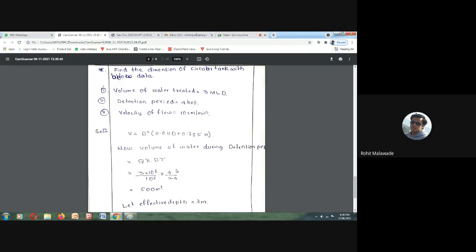This we have already done per day, and this is in terms of hours, so I will be converting into per day. So I will get the answer in meter cube. So the volume for your detention time is 500 meter cube.